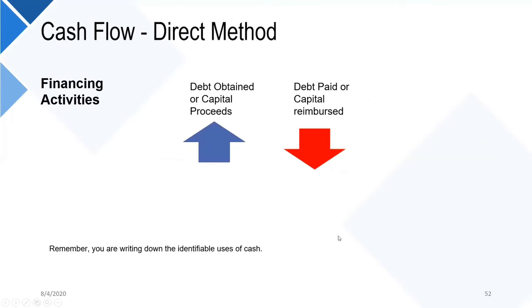Okay, now let's see the financing activities. And again, you need to identify what are the outflows and inflows of cash directly inside the cash flow. You can do it also analyzing the previous income and the previous balance sheet.